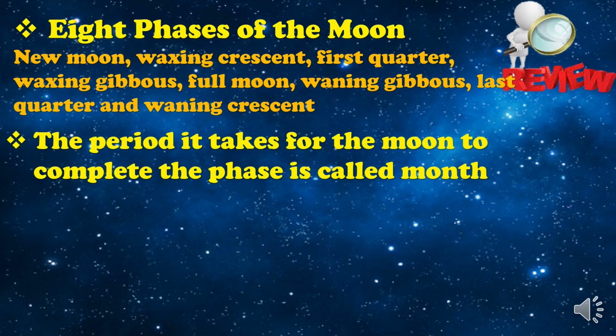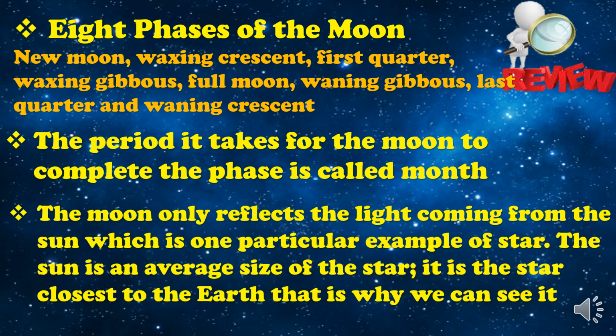We had also discussed that the period it takes for the moon to complete the phase is called a month. Then the moon only reflects the light coming from the sun, which is one particular example of a star. The sun is an average size star. It is the star closest to the earth, that is why we can see it.